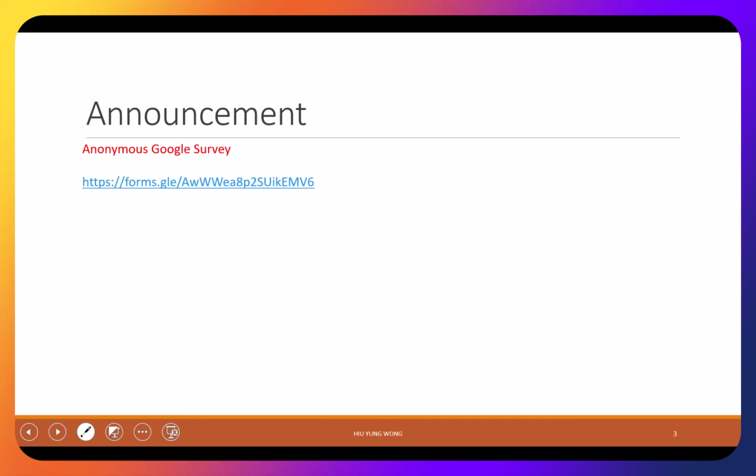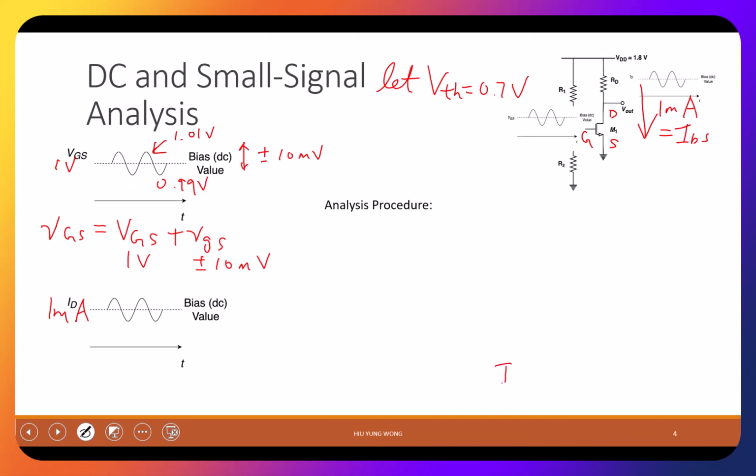Because I equals W over L times mu C ox divided by 2, times VGS minus VT squared. So if I increase the gate voltage, of course the current will increase. This is the drain current. Then what happened? When the VG increases to 1.01 volt, this might become 1.001 milliampere.